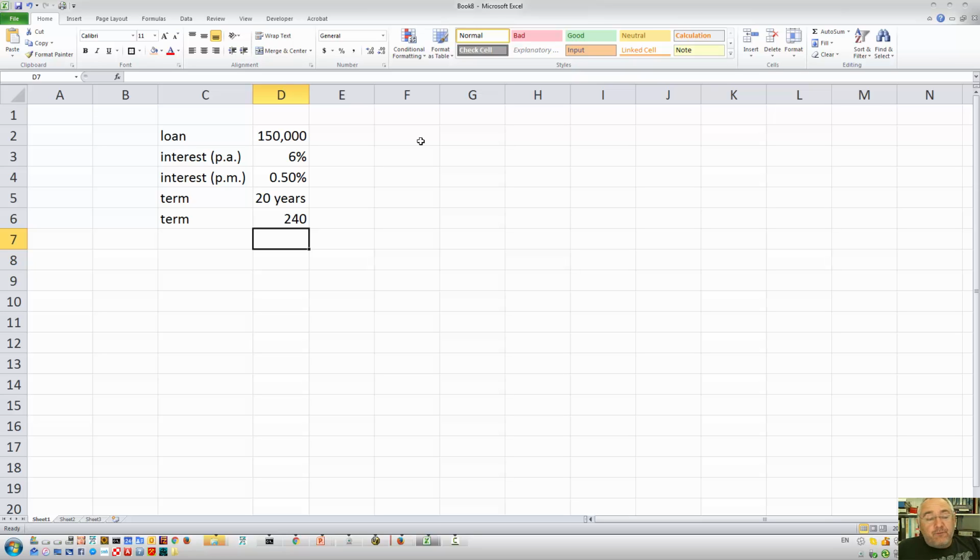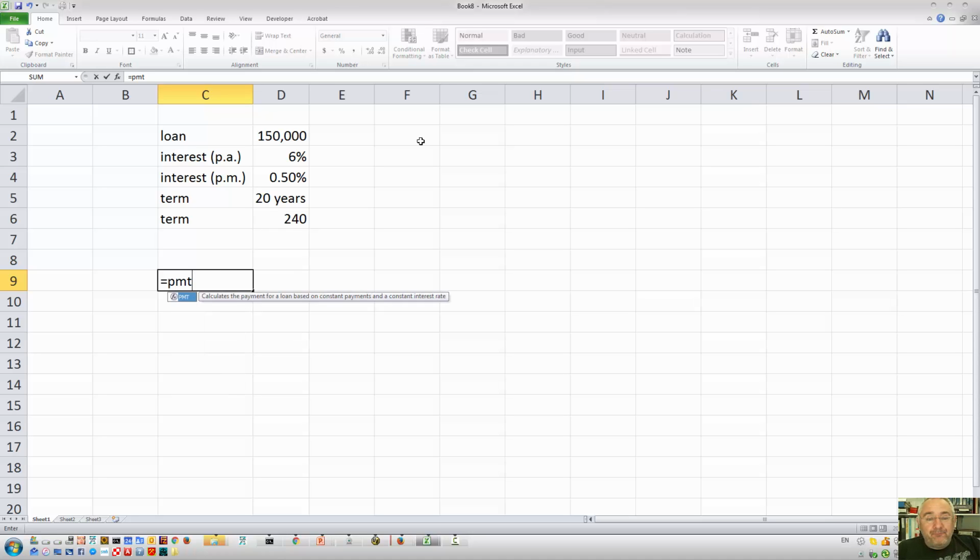Okay, we can use the formula that we've got in the main slide deck, or we can just say, hey, I want to know what my payment is. Okay, so the rate is 0.5%. The number of periods is 240. The present value, the amount that I'm borrowing, is $150,000.